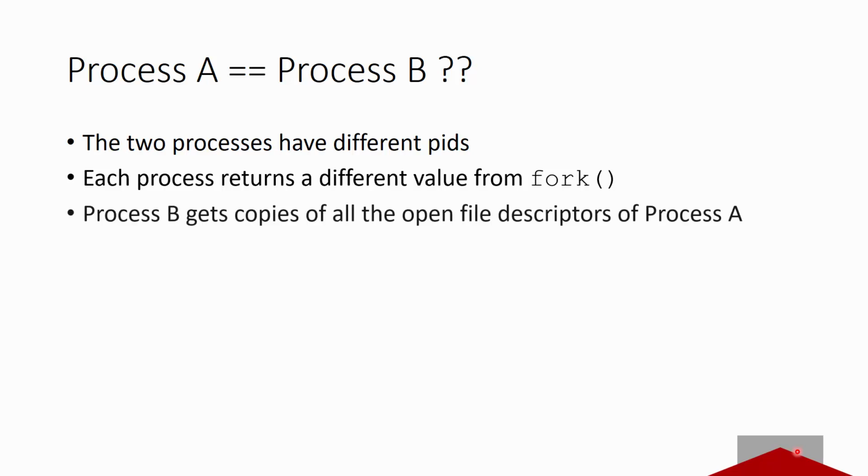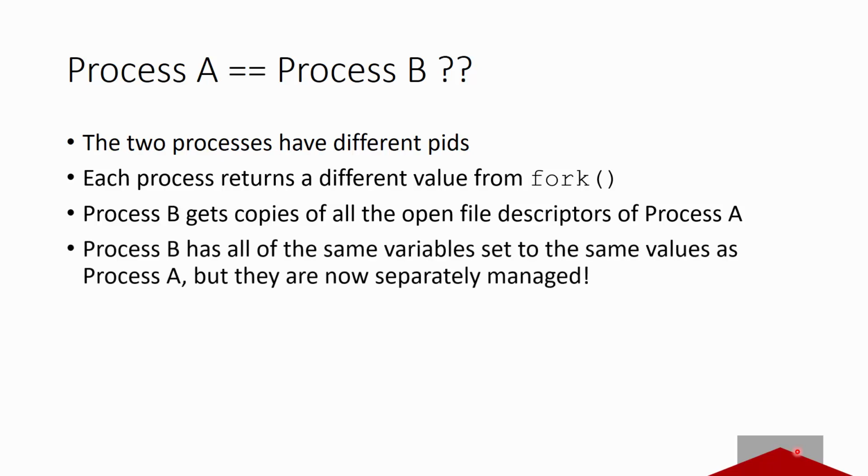Process B is going to get copies of all of the open file descriptors for process A. So whatever your original process started with in terms of files that are being opened, log files, error files, things like that, process B will also have open file handles on those and can read and write values from the same files. Process B also has all the same variables because it's the same code that's running.